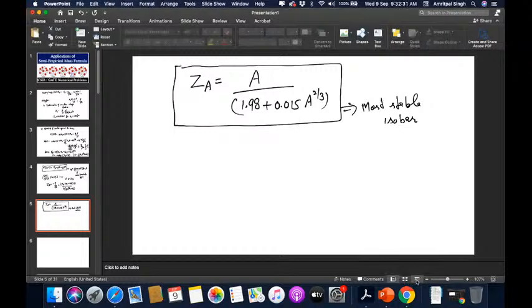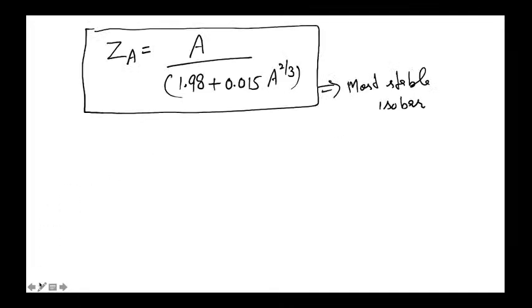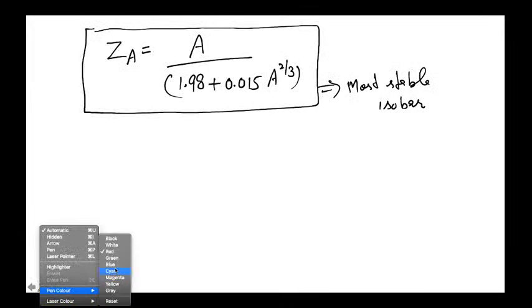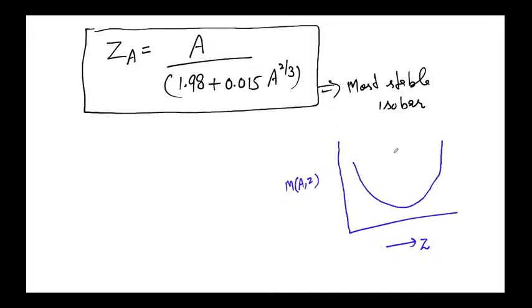So from this, if we try to plot this equation, that is the mass number with respect to Z, it is something like a parabola, and the most stable isobar is present at the center.